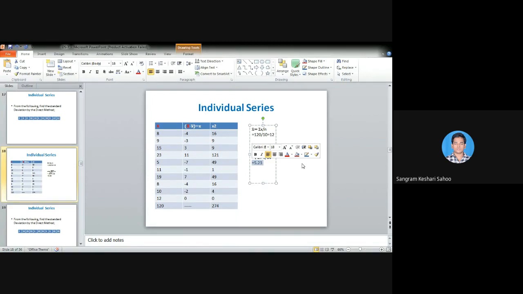I provide a task for all of you, that you solve individually. Clear? Yes, sir. Okay, just note down.